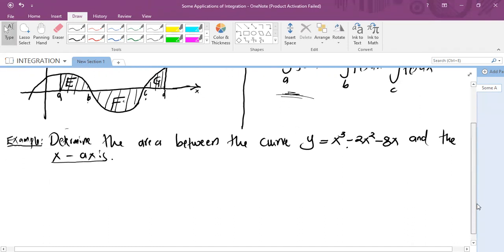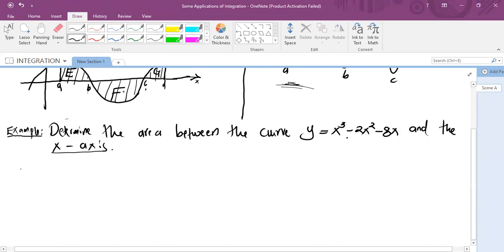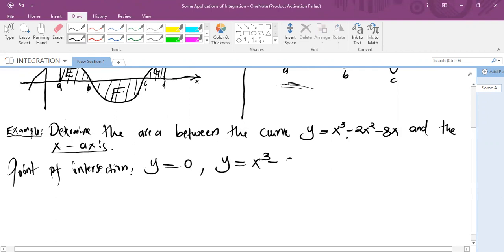So taking up this example, in order for us to find the point of intersection of these two curves, we are going to equate them. Now, the x-axis is basically the curve y is equal to 0, and this other curve is y is equal to x cubed minus 2x squared minus 8x.